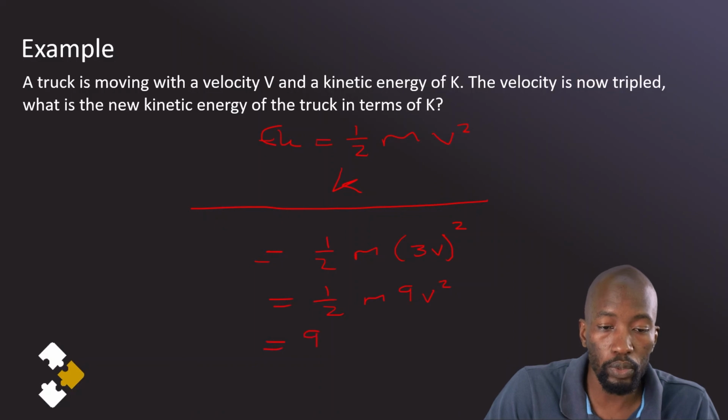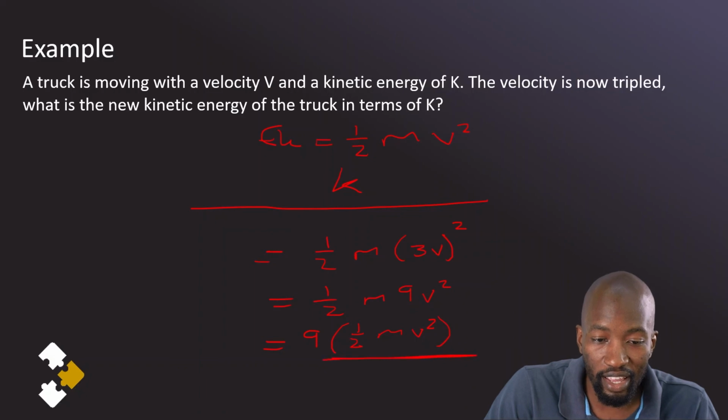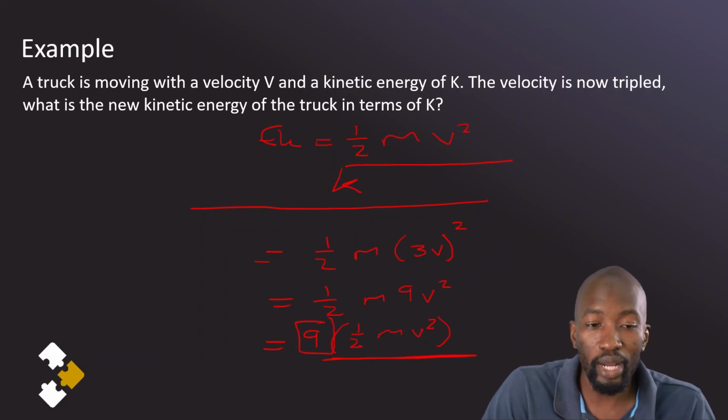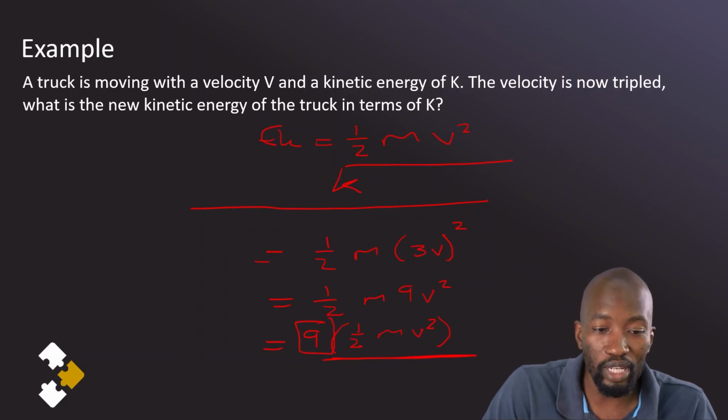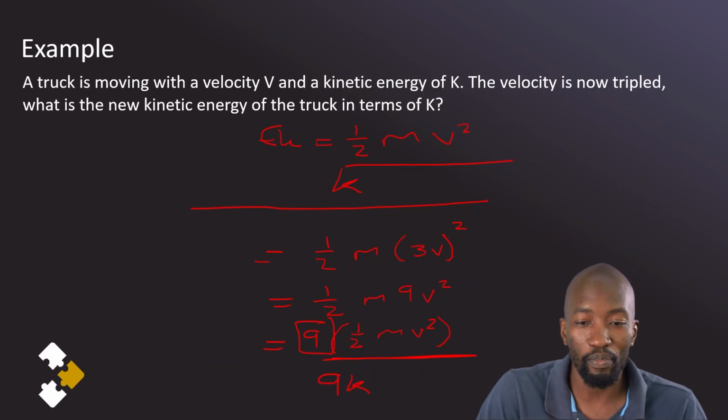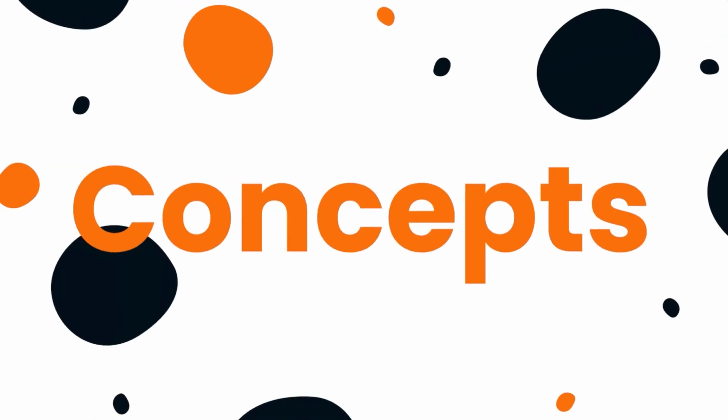So we can just start with the 9 and say this is 9 times 1 over 2 mv squared. Now, as you can see, this part here is the same as that one there. But now there is a 9 in front. So what happened? It means that it was multiplied by 9. So in terms of k, it's just going to be 9k. Let's carry on.